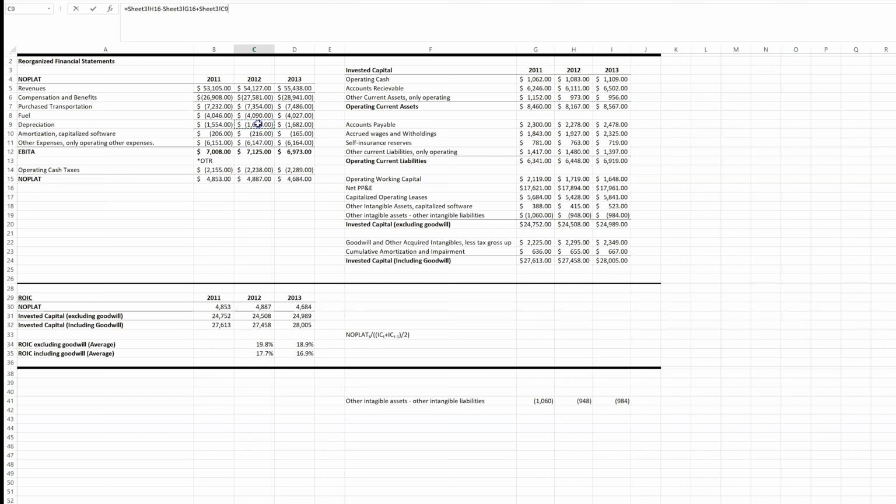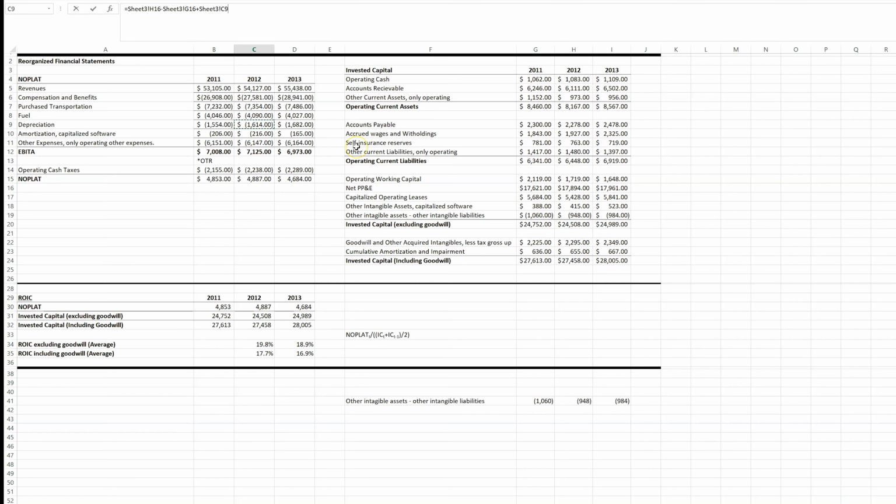Now remember that depreciation is an accounting measure that tries to compare the cost of my assets with the revenue generated by my assets. So net PP&E in practice actually decreases by the amount of depreciation every year.